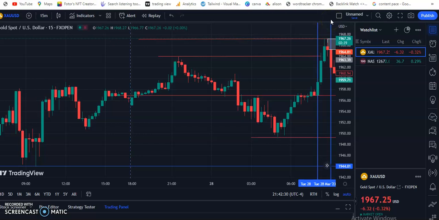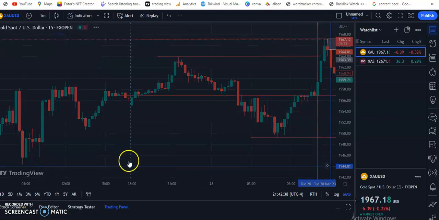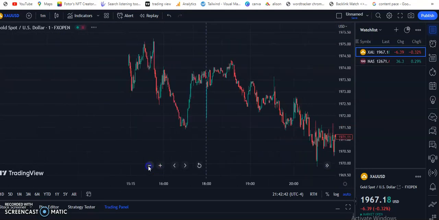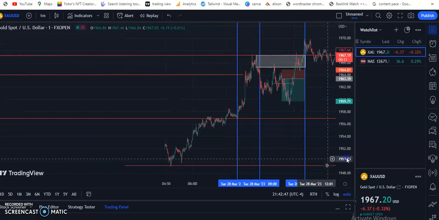Signal number 1, we are at the high of the day and we are in a pump. So we go to the 1 minute time frame and check how the market behaved in the first hour.